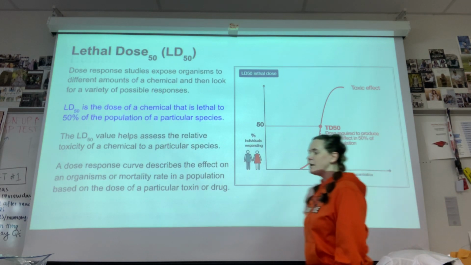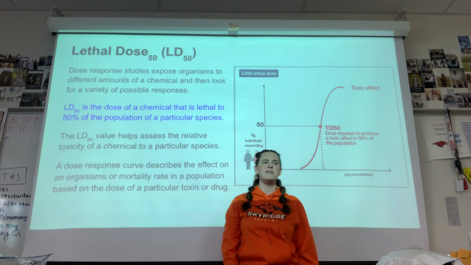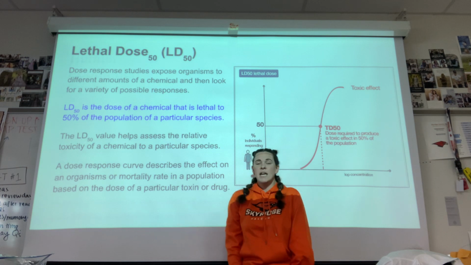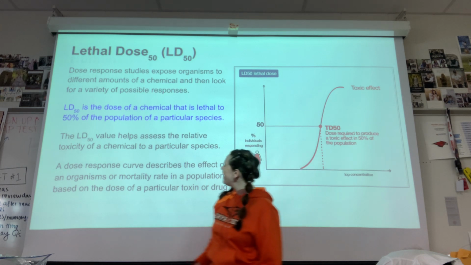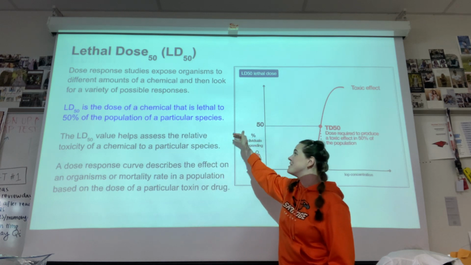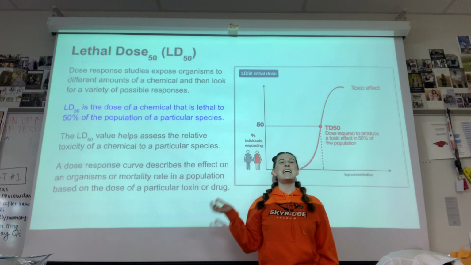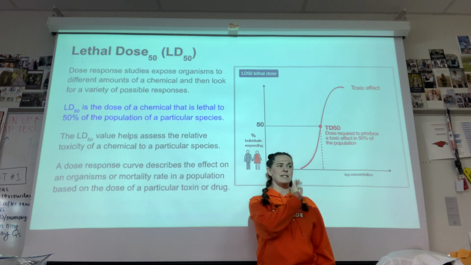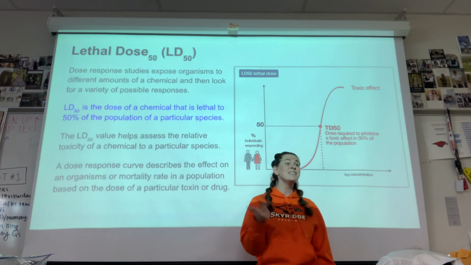Talking about medicine, there's something we need to talk about, and this seems like a really weird thing. When I explain it to people, I'm like, we're learning about LD50. They're like, what's LD50? It's the amount of stuff you need to kill 50% of the population, and they're like, why are you teaching kids this? LD50 is the dose of a chemical that is lethal to 50% of the population in a particular species. The reason we talk about this is because this is what creates the doses for Tylenol and ibuprofen.